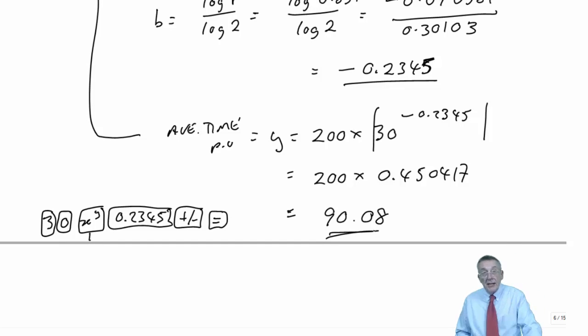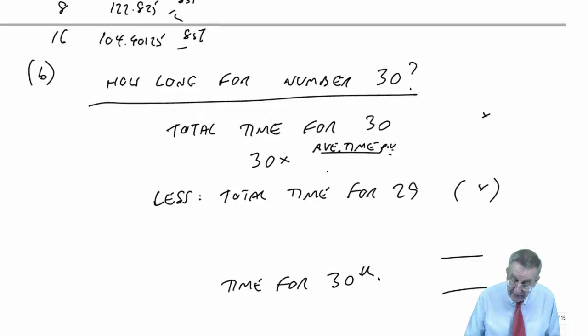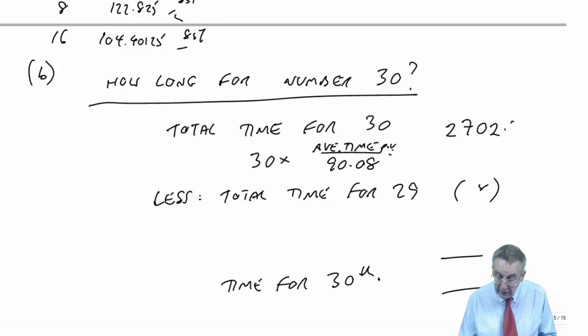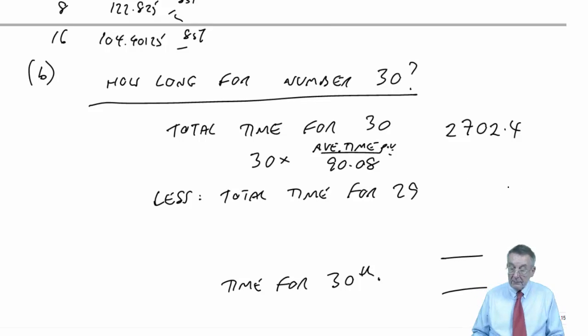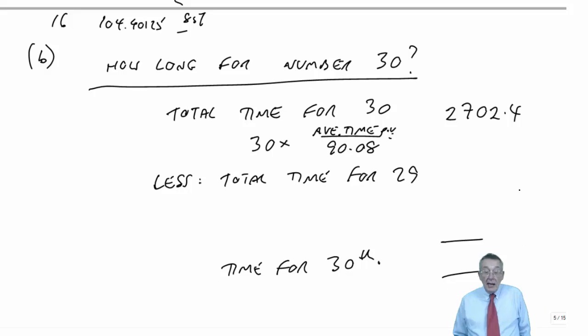Now that's the average time if we make 30. So the total time for 30 is 30 times 90.08, which is 2702.4. I now need the total time for 29.